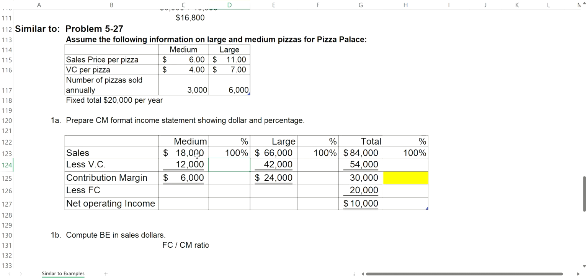Now let's start with the medium. Sales are 18,000. So I want to get 12,000 and 6,000 as a percentage of sales, or as a percentage of that 18,000. Okay, so I will take 12,000 divided by sales of 18,000. Let's convert each one to a percent as we do it. That's 67%. 6,000 divided by sales of 18,000 gives me 33%.